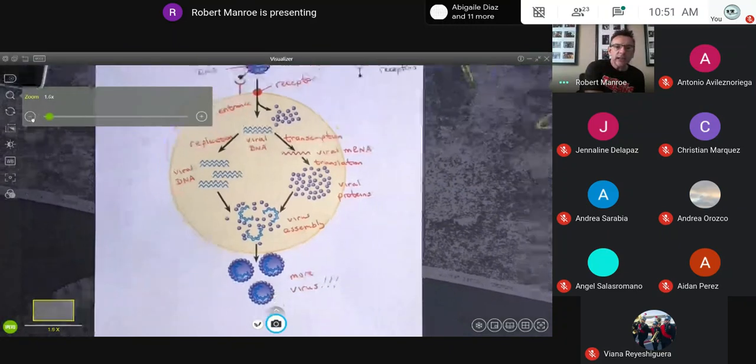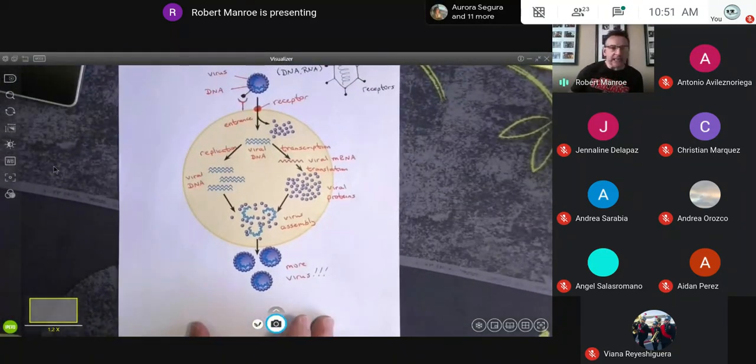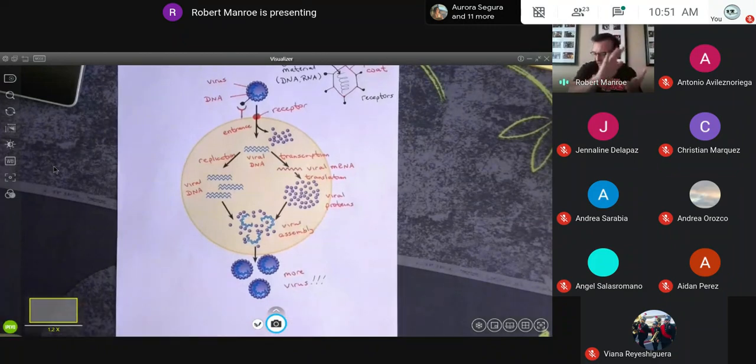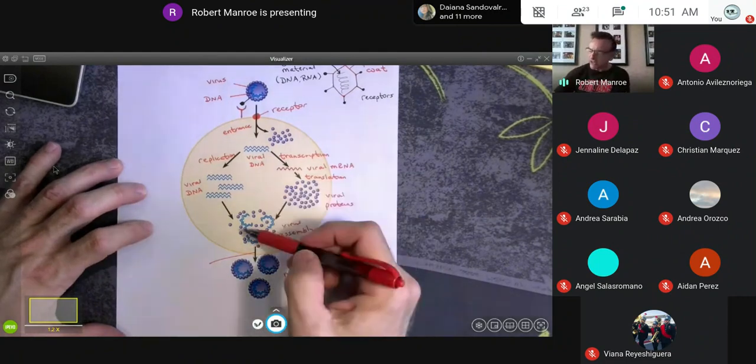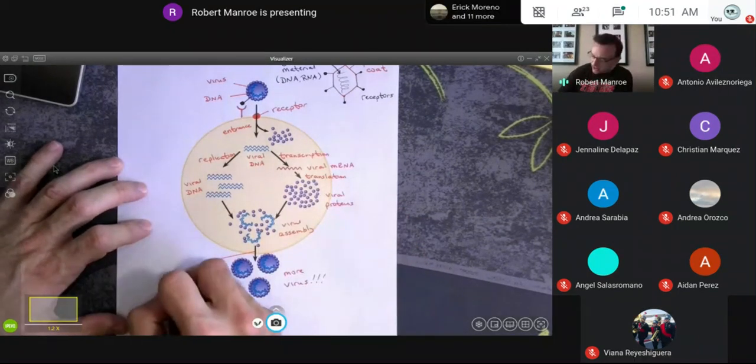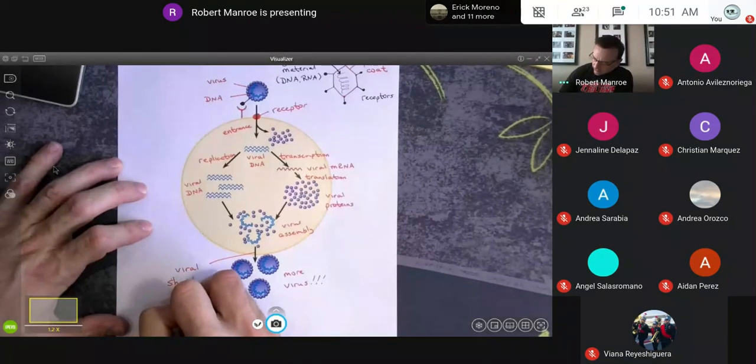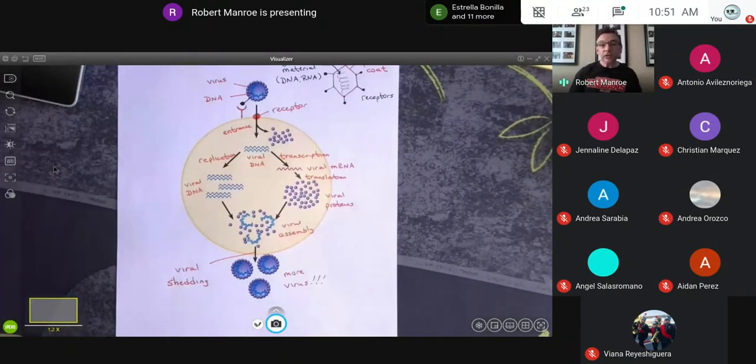A virus's whole function is to take over a host cell and turn that host cell into nothing more than a virus factory, okay? And we call this process of the host cell producing more virus, we call this viral shedding.